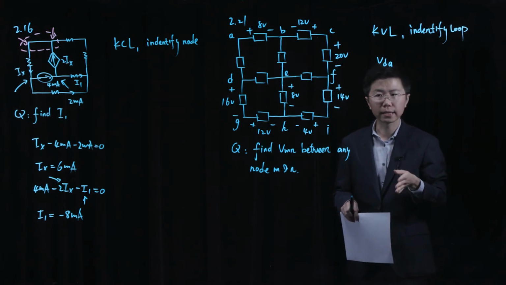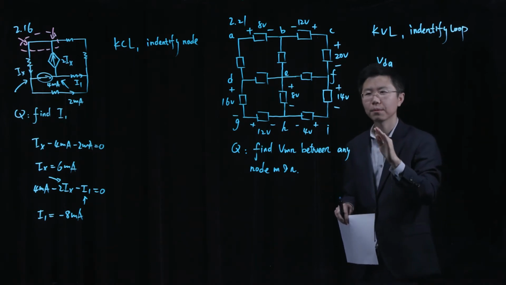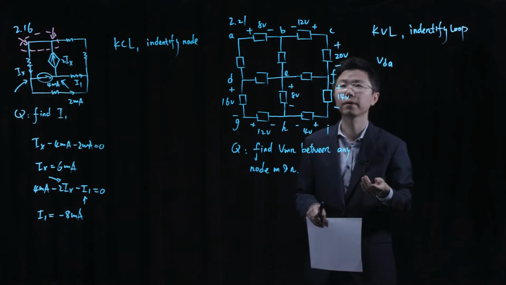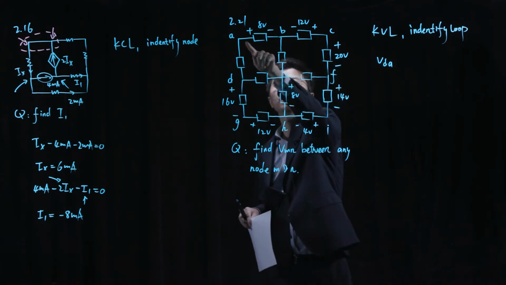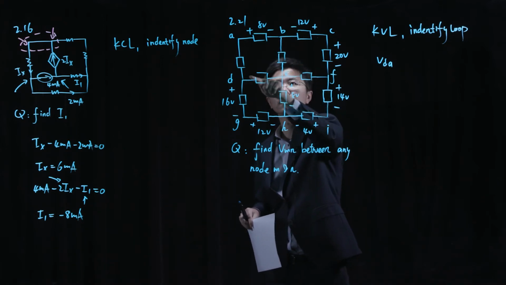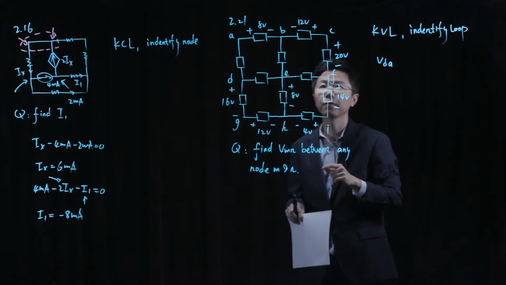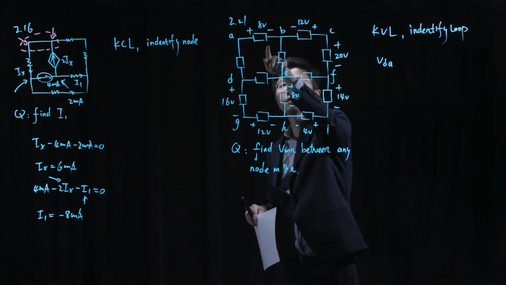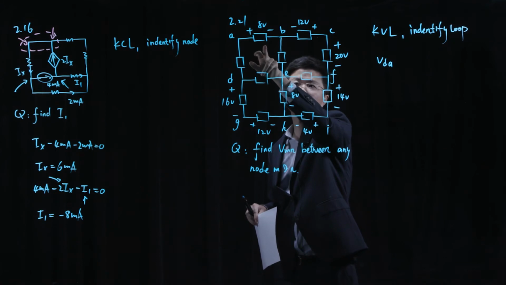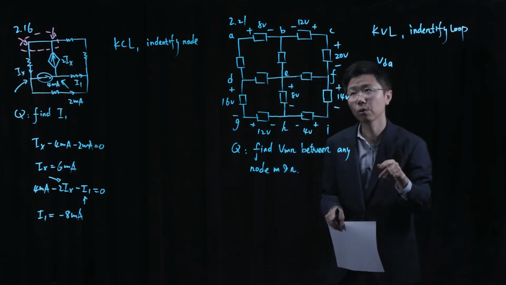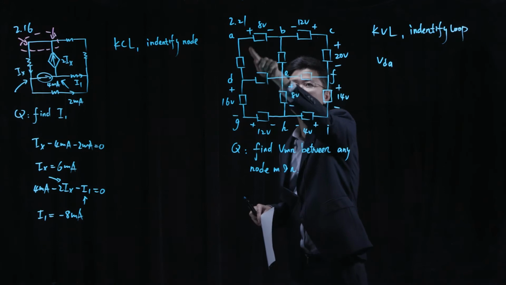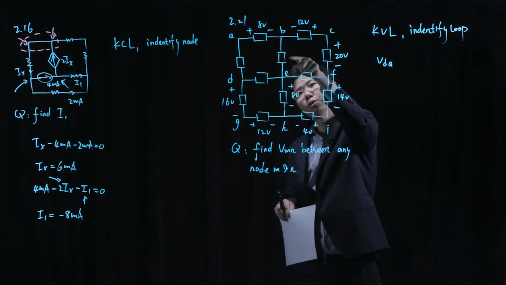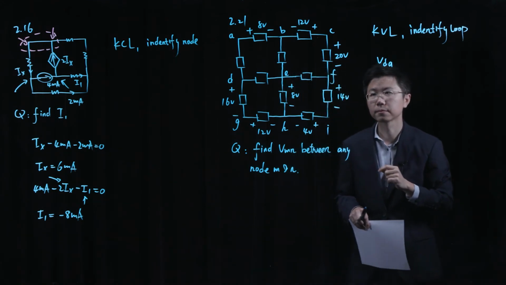However, before you do that, I'd like you to examine the circuit first. For example, an obvious choice of loop will be this loop A, B, E, D, as we already know. But in this loop A, B, E, D, only the voltage across node AB is known. So writing the voltage law for this loop will not help much, because you end up with two more unknown variables.